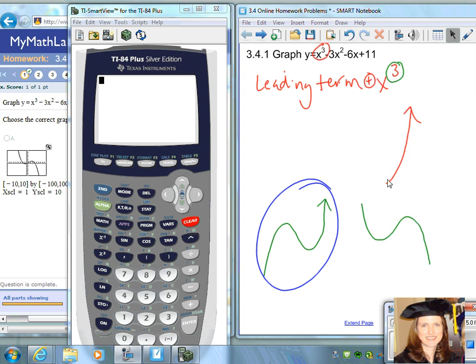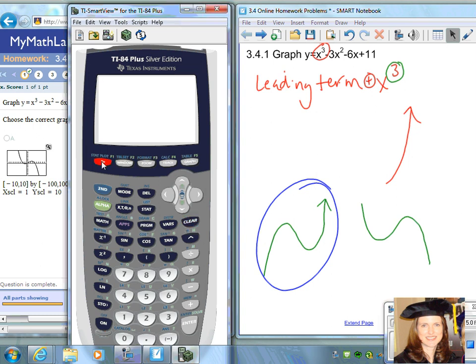If the leading coefficient is positive, it means it's going to end up on a high note. It's a 3rd degree polynomial, so it could go in 3 directions. It could go up, or it could go down, up, down. So it goes in opposite directions on the right hand and left hand side.